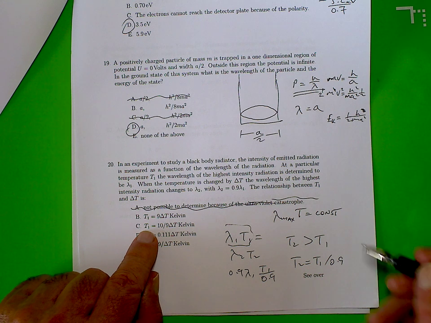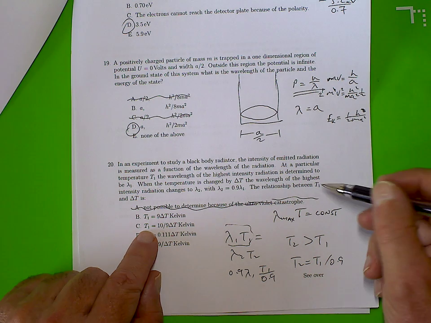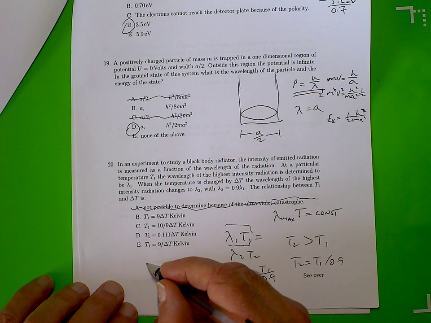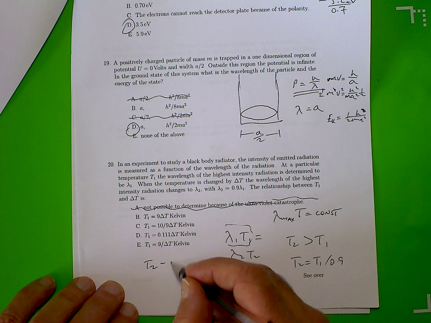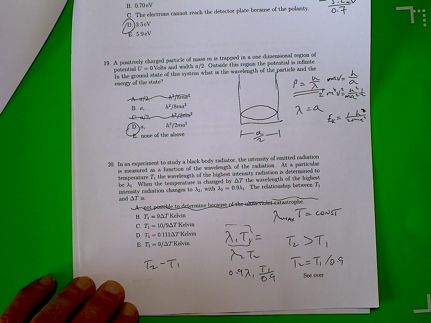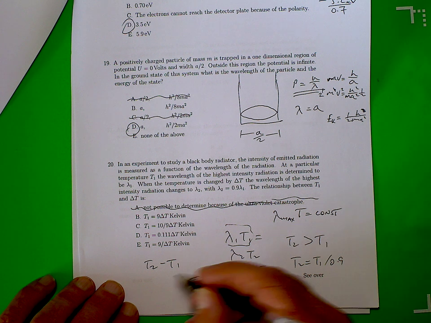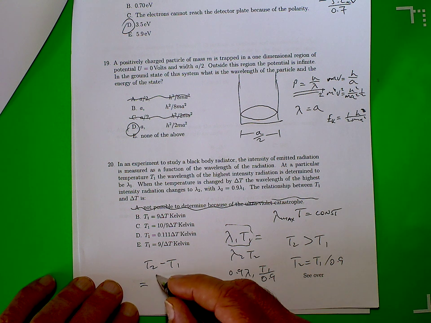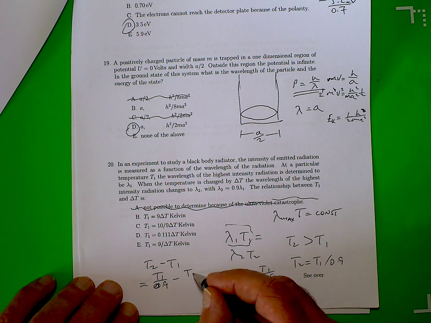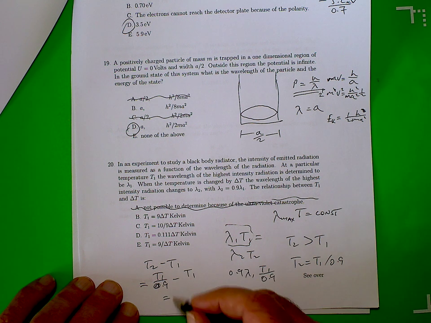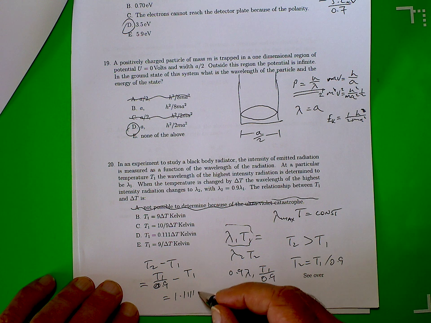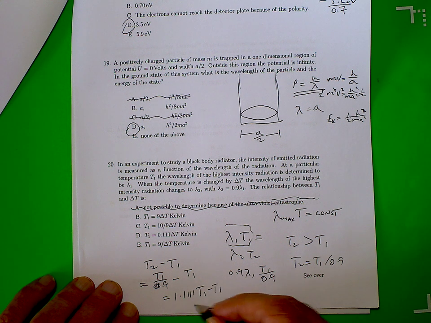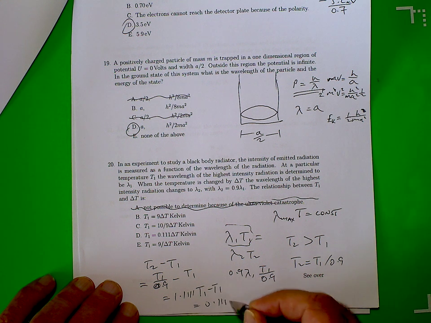We were asked delta T, okay? So delta T is T2 minus T1, which equals T1 over 0.9 minus T1, equals 1.1111 T1 minus T1, equals 0.111 T1.